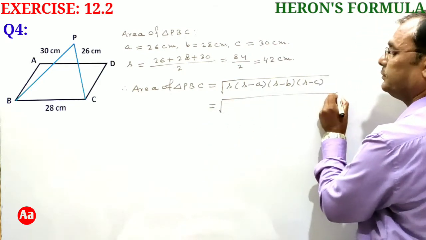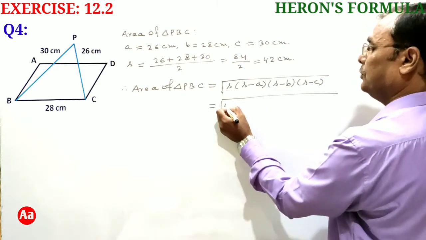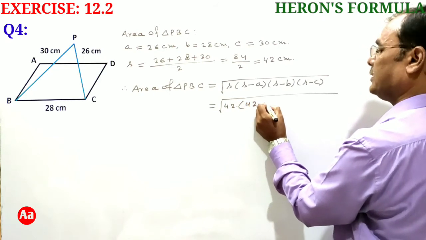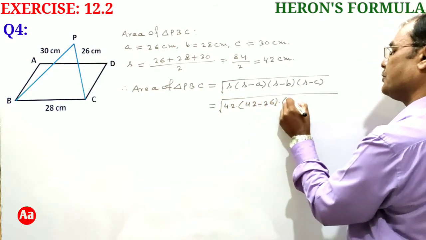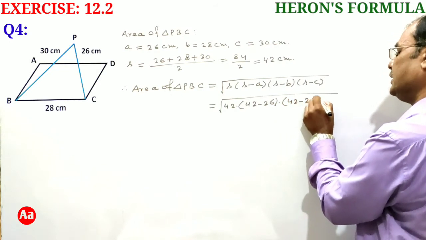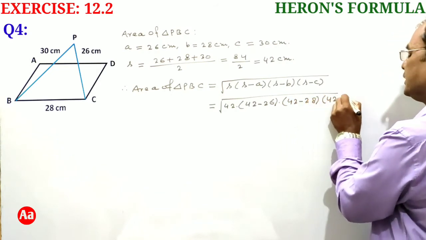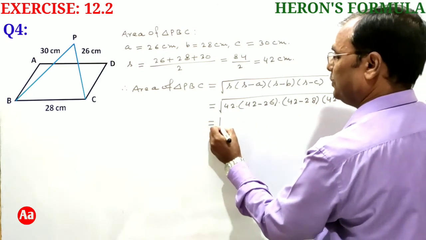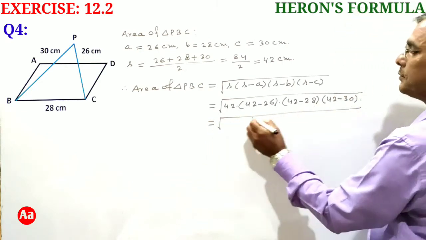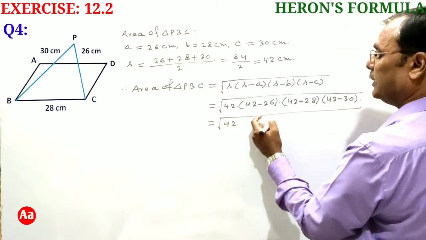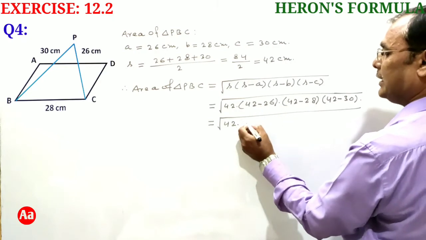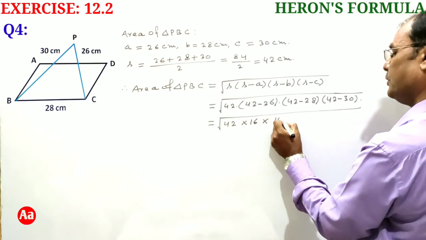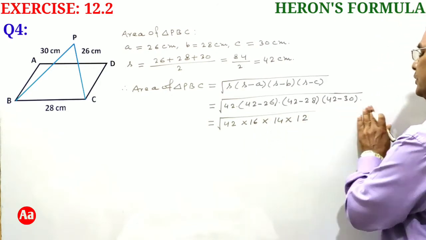S, semi-perimeter 42, into 42 minus 26 into 42 minus 28 into 42 minus 30. This is equal to under root 42 into 42 minus 26, 16, into 14 into 12.